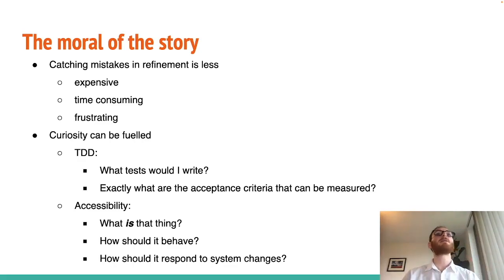So yeah, catching mistakes earlier is just better, and it's more agile. And we can actually fuel our curiosity. Curiosity is something we can bring to the table. Test-driven development has really made me focus on dependencies. How do I acknowledge and know what dependencies are involved before I start something? And accessibility has tied into that in a very cool relational way.